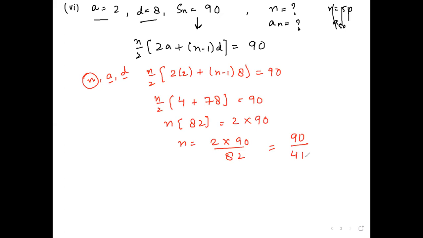Have I done it correctly, or is there some mistake here? N should not be in decimal, right?